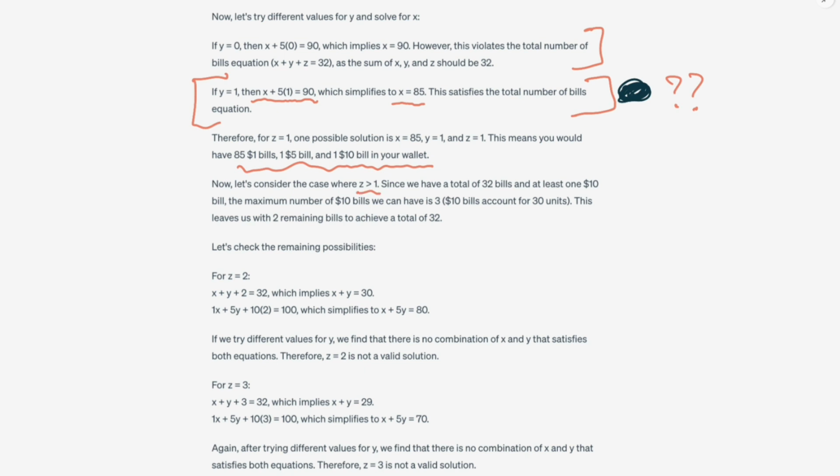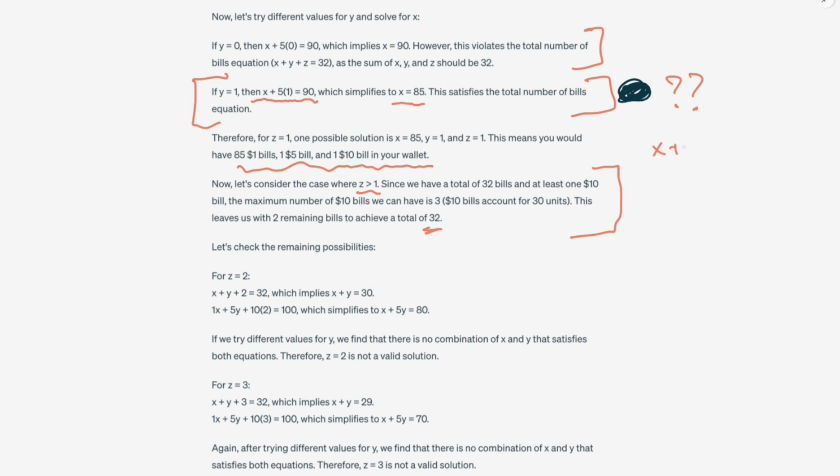So since we have a total of 32 bills and at least one $10 bill, the maximum number of $10 bills we can have is 3. Now, this is an interesting conclusion. It says $10 bills account for 30 units. This leaves us with 2 remaining bills to achieve a total of 32. So here he's completely lost, and the confusion is being caused by this.